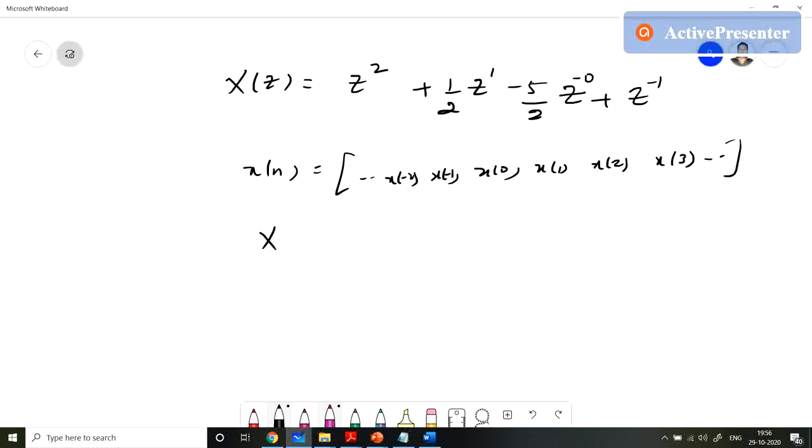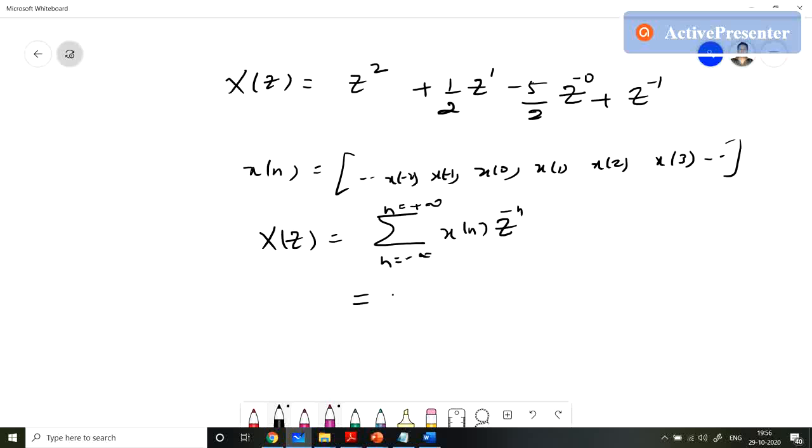So basically what is X(z)? By the definition, X(z) is the sum from n equals minus infinity to plus infinity of x[n] z raised to the power minus n. So the highest negative power here is for n equals minus 2, and this is for n equals 1.